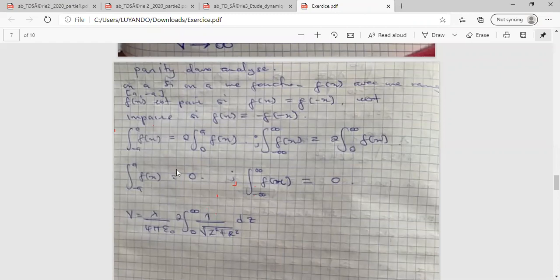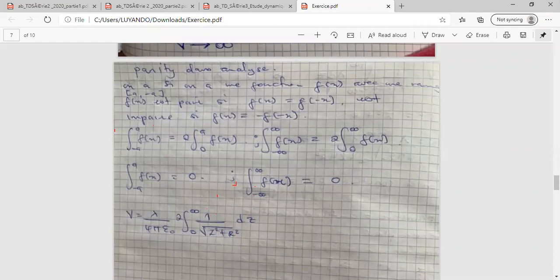So if my function is odd, the integral from negative infinity to infinity is equal to 0. In this case, my function is even.